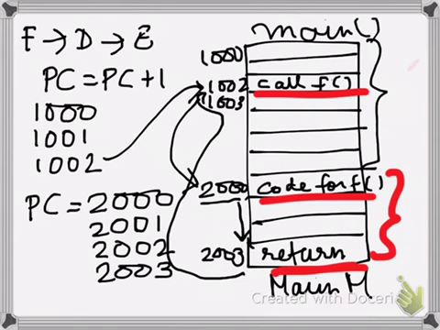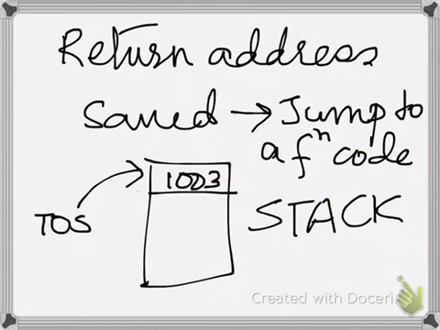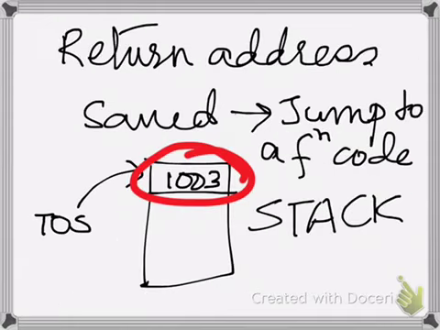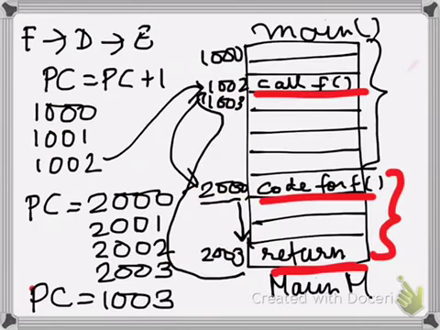So we have to find out where we saved our return address, and that value should be put back into the program counter. All we have to do is pop it from the top of the stack, and then it continues in this manner.